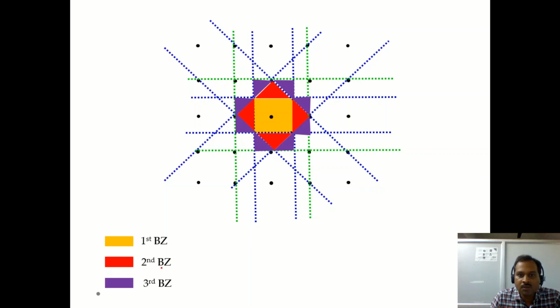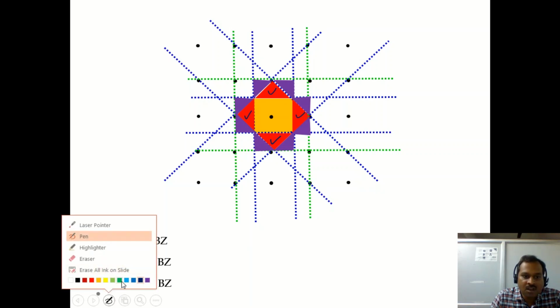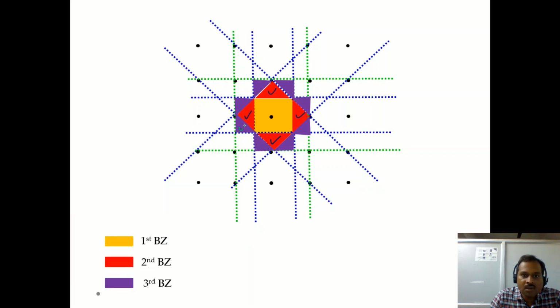As we go to the higher order Brillouin zones, you can see that these zones are being segregated. If you go to still higher order, again we can see the segregation of the zones. But one thing we should remember is that if you combine these zones, once again they will form a square.